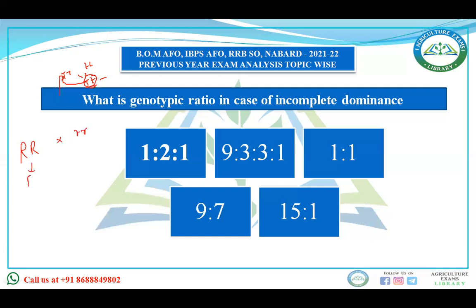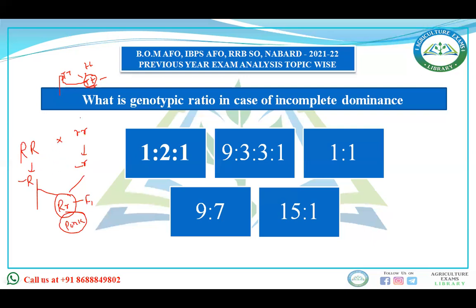Capital R is one gamete and small r is the other. When you cross, you get capital R, small r as F1. It should be red because capital R is dominant over small r, but it becomes pink.